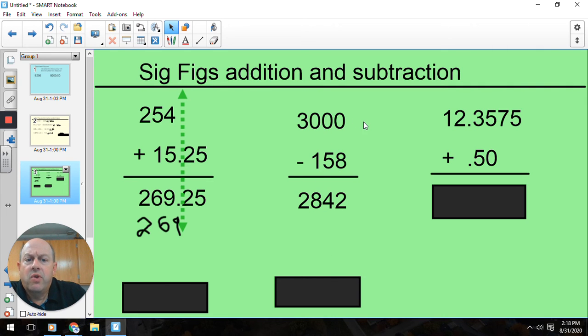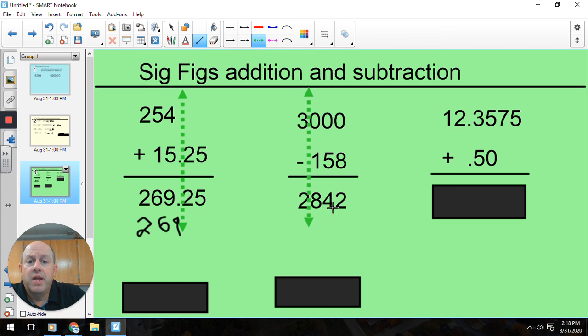If we have 3,000 minus 158, punch it through, we get 2,842. But again, it's going to be a sig figs positional thing. 3,000 is only significant to the 1,000 mark. So that means my answer is significant to the 1,000 mark.